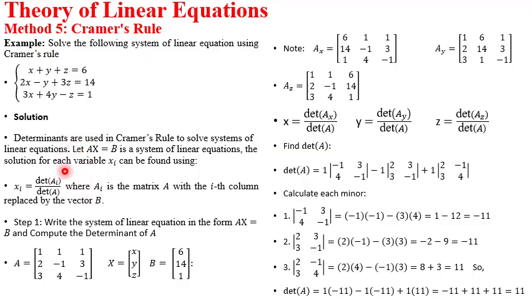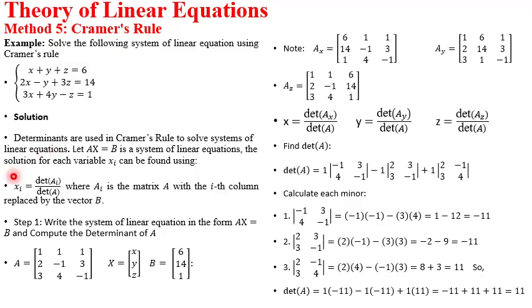Now, the idea in the use of Cramer's rule in solving linear equation is transforming it into a matrix form of the form Ax equals b, and such that the solution to each variable appears in this form. Okay, let me not confuse you with this.